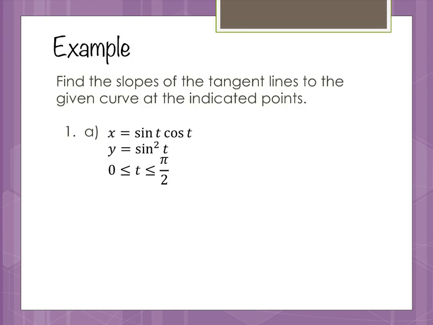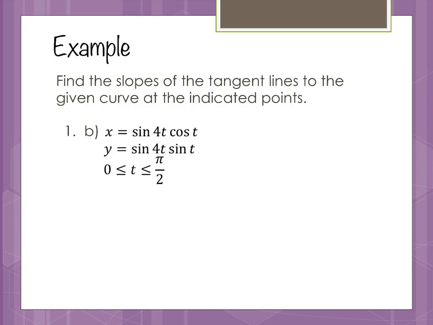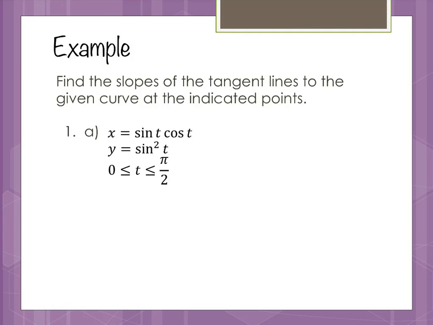All right, this is the example we're going to use. And notice the directions, and this is exactly the directions you're going to see in your textbook. It's going to say, find the slopes of the tangent lines to the given curve at the indicated points. What happened? That's not the directions. Hang on just a second. Okay, we've got a problem.